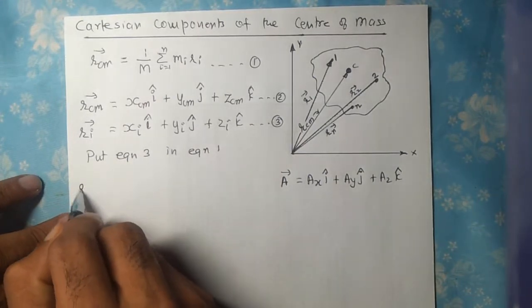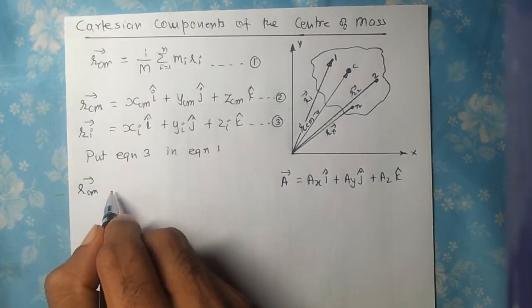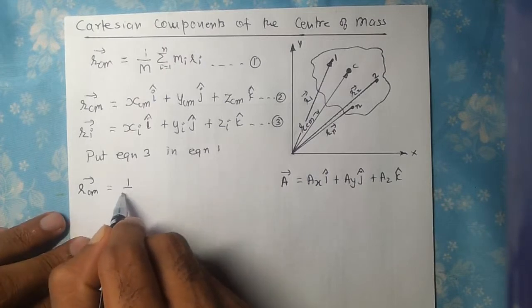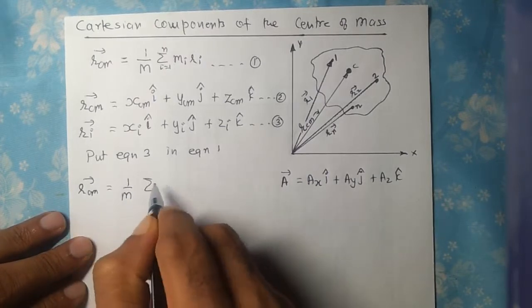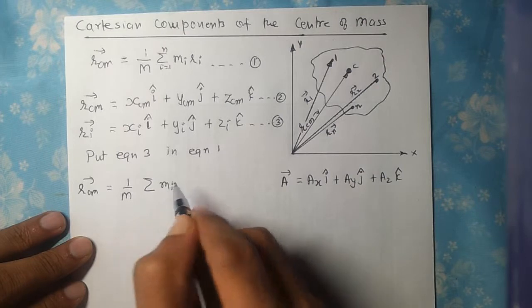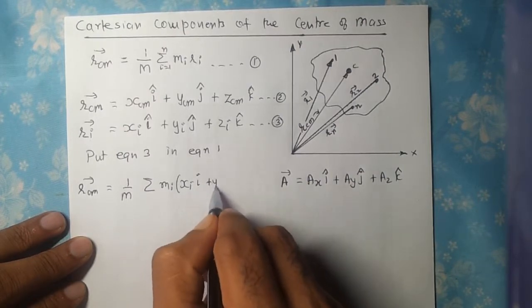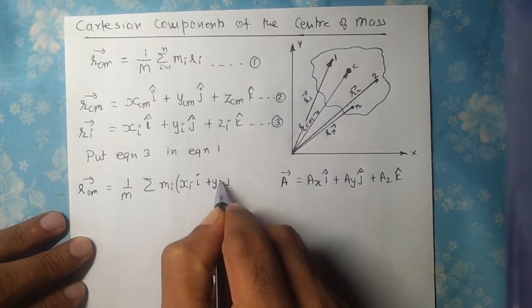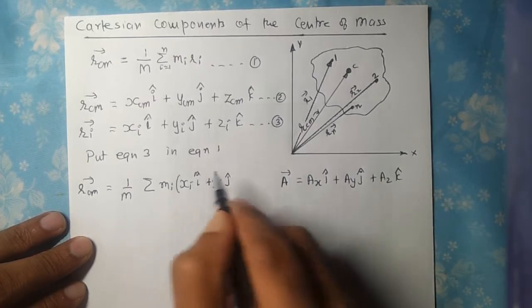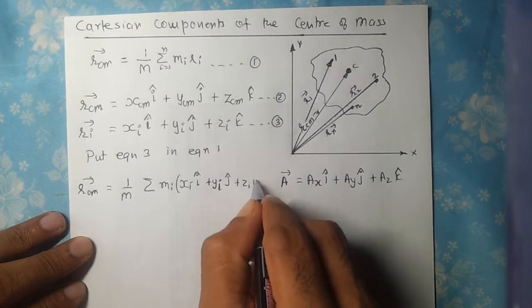So equation 1 will now become RCM is equal to 1 upon M sigma mi times (xi i plus yi j plus zi k).